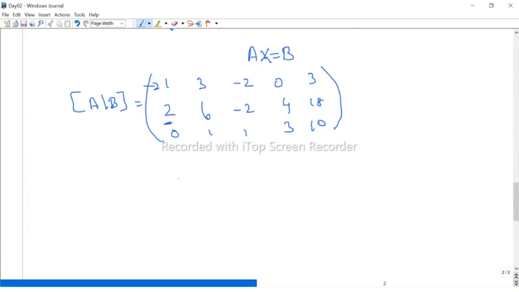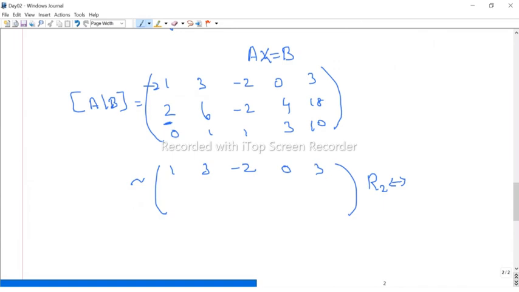So I am keeping the first row, but the second row I am going to replace. I am going to multiply the first row by minus 2 and then add to the second row.